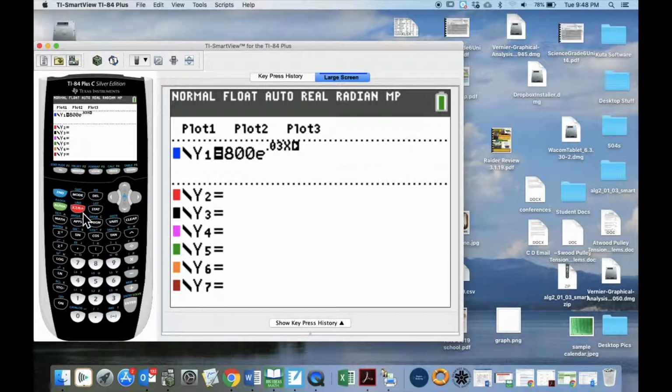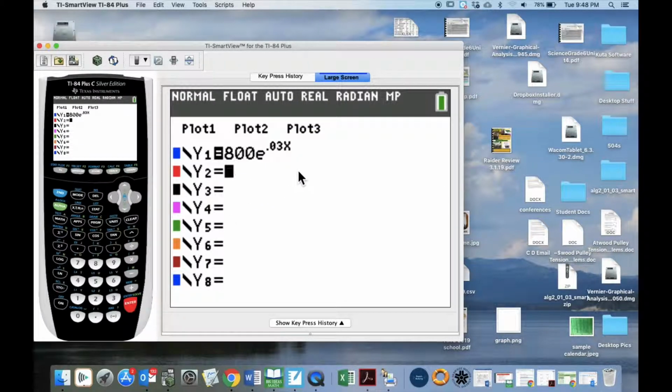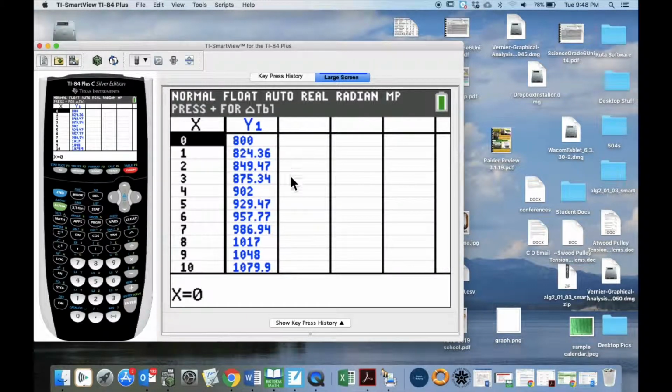It has a t actually on it, but we're using the x. That's all we need. Don't worry about the other variables, let's just use x. All right, so now we have that equation, and so now we can do a table with that. And so we get our table. So now take a minute now to copy those values onto your paper.